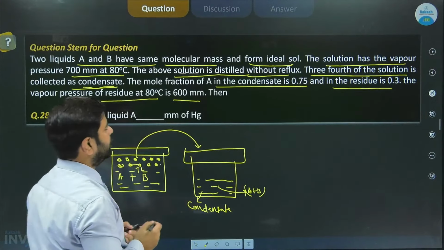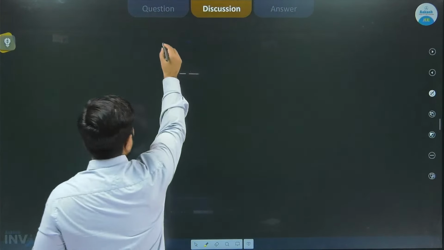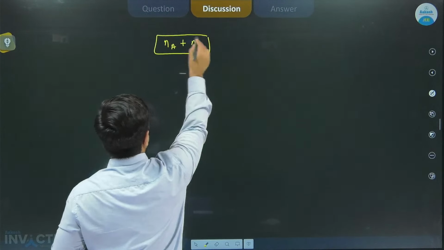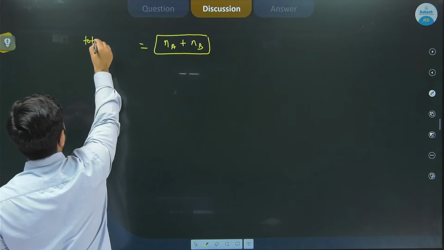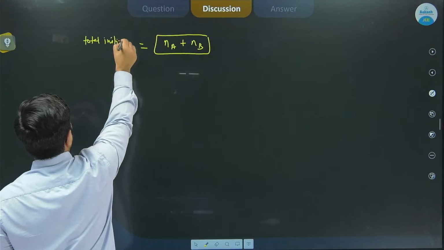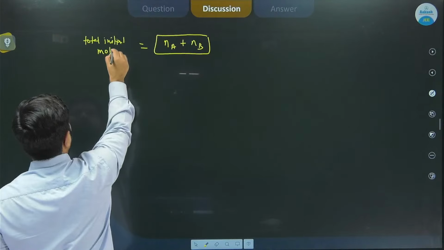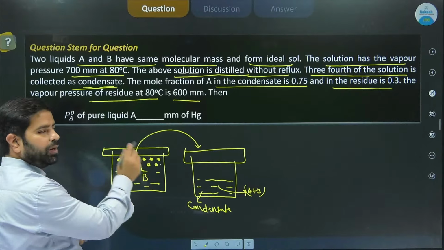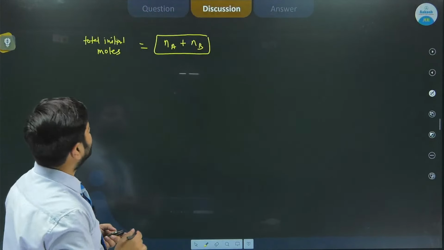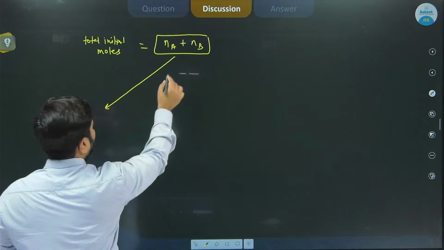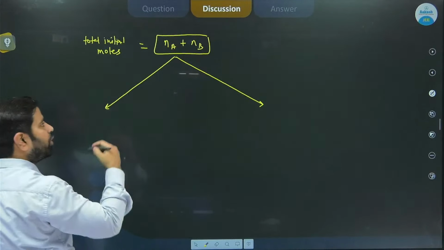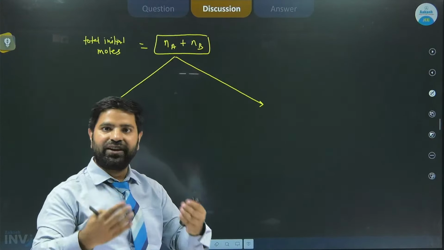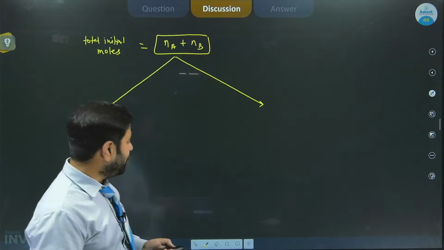Okay. Now suppose the total initial moles is equal to Na plus Nb. In this solution, we have total moles equal to Na plus Nb. Now 3/4 of the total moles is a part of the condensate. So we can say 1/4 is the part of the residue, the part that is left.